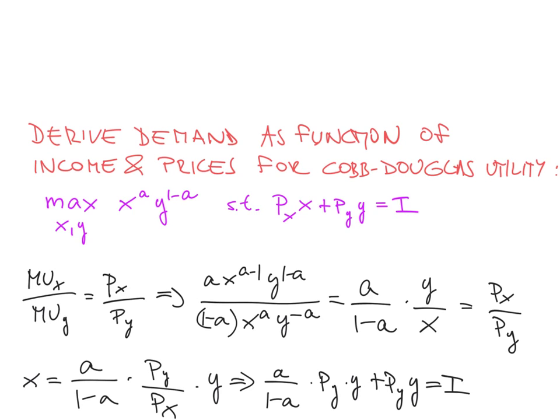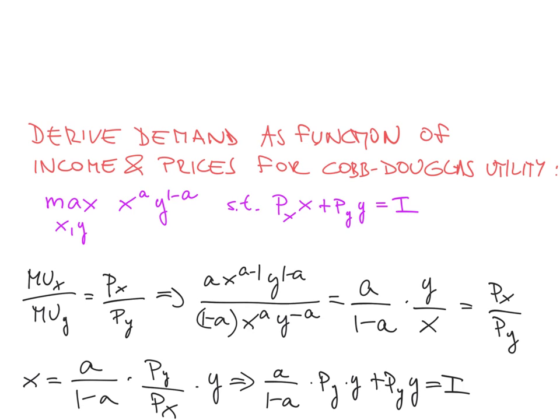So if we solved for demand not just as a function of the price of x, but also as a function of the price of y and as a function of income, then if anything changed, income or the price of the other good, or the own price of x, we can tell exactly what happens to the demand for x.